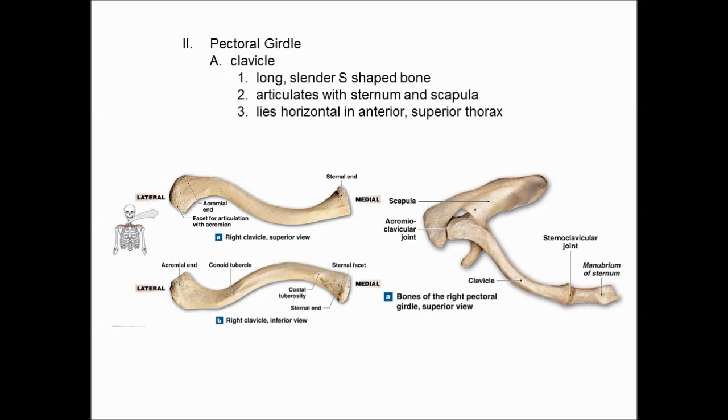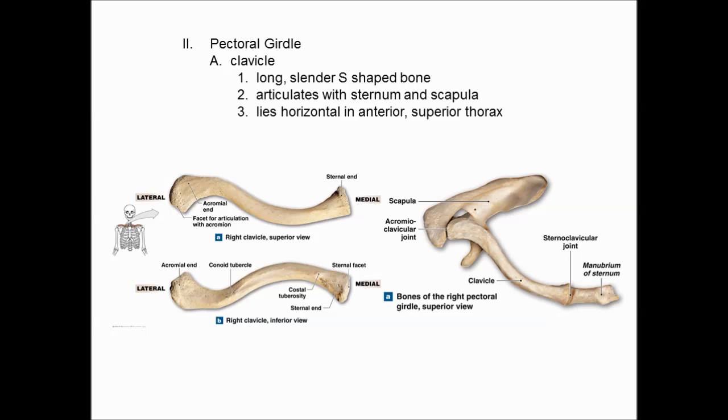On the lateral side, it articulates with the scapula, as we'll show you in a minute, and the medial with the sternum that we just showed you a minute ago. So it bridges, as you can see, from the sternum to the scapula.